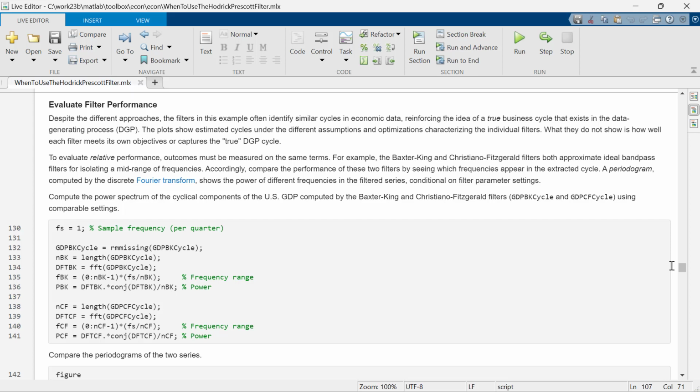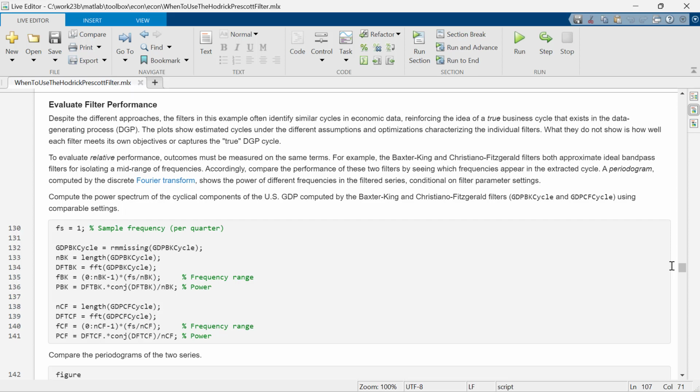If we want to evaluate how good each of these filters is at actually determining the business cycle, that's a harder problem. And the main point in this final section is that the reason that's a hard problem is because we will never know what the true business cycle is. We don't have empirical data ever on just the business cycle that we can compare with the outputs from these different filters.